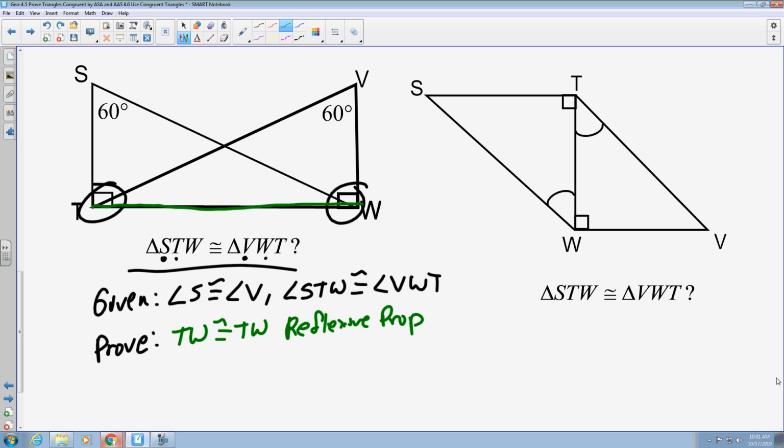So I can say that, yes, I can prove these triangles congruent by using angle, angle, side.